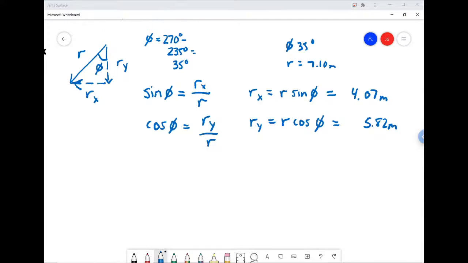Holly, since the angle is 35 degrees, wouldn't it be the opposite side? What would be the opposite side? The cosine of... So in this case, here, you're always defining the trig functions relative to the angle you know.